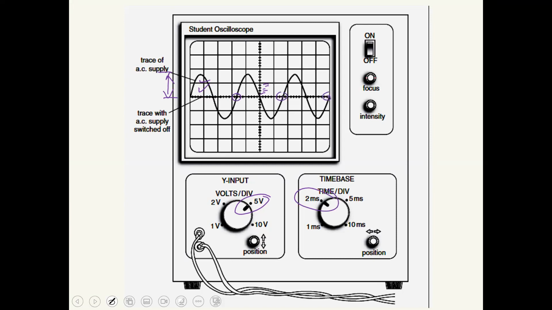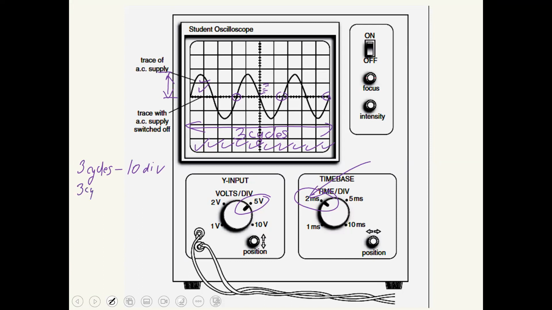If you consider the whole screen, there are 3 cycles. And if you count the boxes, 1, 2, 3, 4, 5, 6, 7, 8, 9, 10. There are 10 boxes. So for 3 cycles, there are 10 divisions. One division is giving 2 milliseconds.